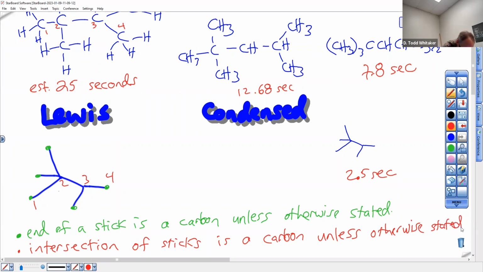And that would be this intersection and this intersection. See those 2 red dots? Okay, so I already know there's 8. Is that right? 8? 1, 2, 3, 4, 5, 6, 7 carbons in this molecule.